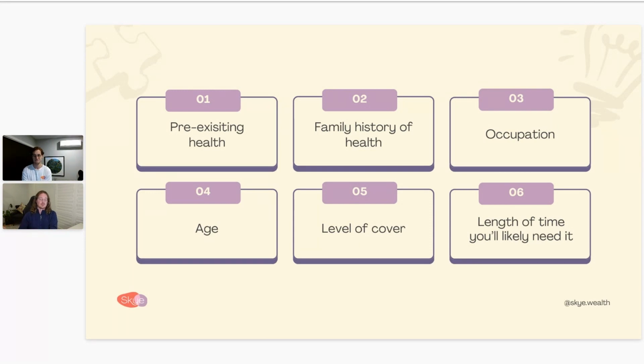We recommend you put over and above that into super to cover that cost. And this is how much it will cost from your bank account as a percentage of your income. Then it's a conversation of, are you comfortable with that? If it's not enough cover and you want more, it's going to increase those numbers. But if it's too expensive and you feel like you can't afford it, great, let's work on a solution on how to bring down those premiums.